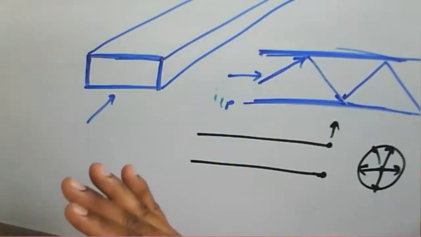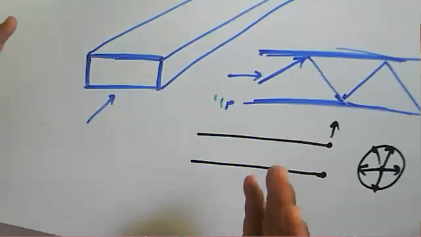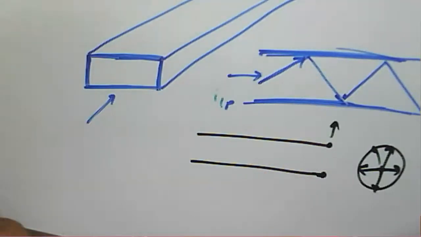Because if the signal frequency is high, the coaxial wire will act as an antenna. At high frequency, that wire acts as an antenna, so it radiates the signal into space.